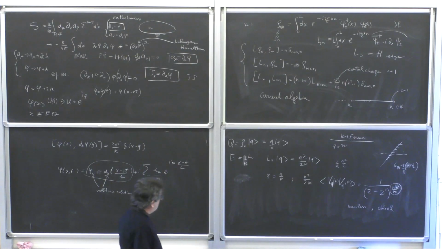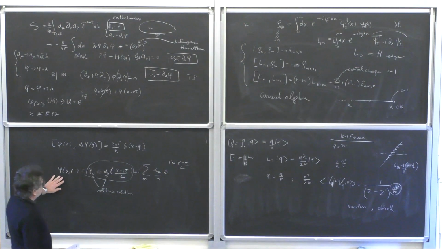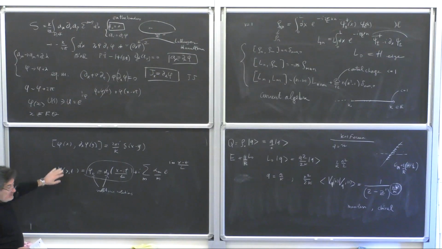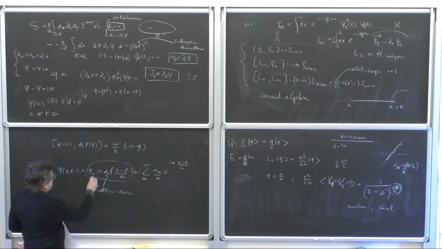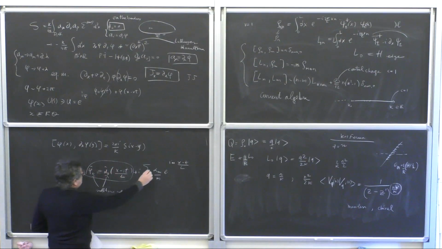So canonical quantization is where you replace the solution of the equation of motion into the commutator of fields that you got from the Lagrangian, okay? No, these are fields, no? These will become operators. Coefficients become operators, okay?